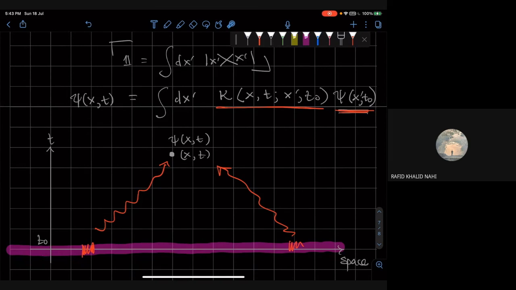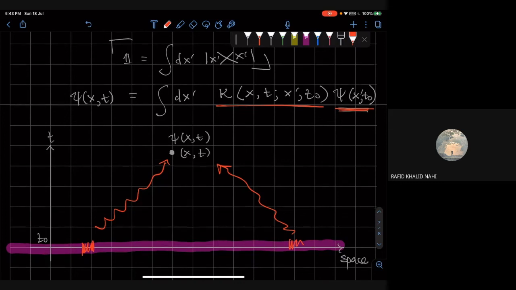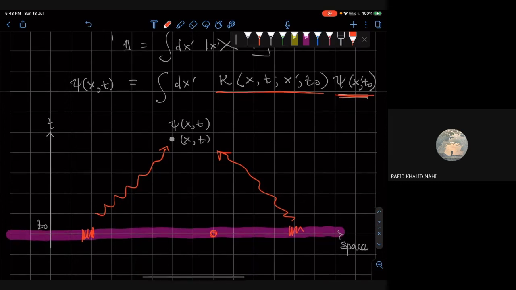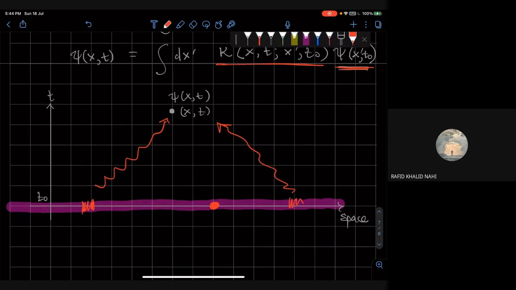A propagator has a very simple interpretation. Suppose that instead of a wave function that is spread over all space, you had a delta function, a delta function wave function over here. Then this wave function would be zero everywhere except at this point, let's call it x prime.